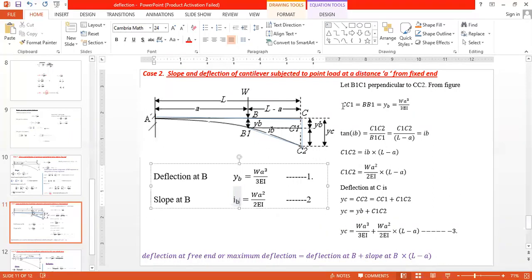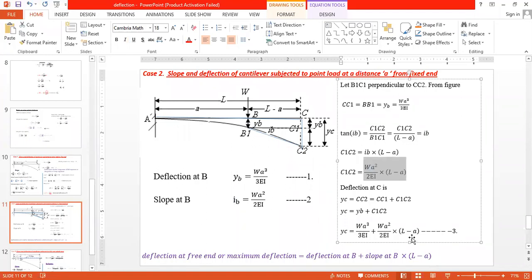CC1 is WA cube divided by 3EI, that is the deflection at B. That is, YC is equal to YB plus C1C2. Therefore, your equation becomes YC equal to WA cube divided by 3EI plus WA square divided by 2EI into L minus A.